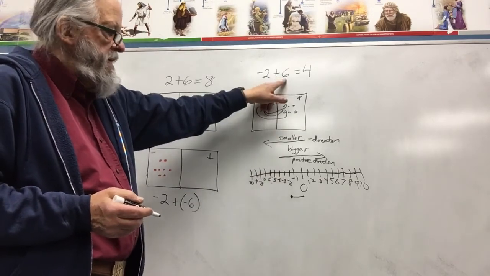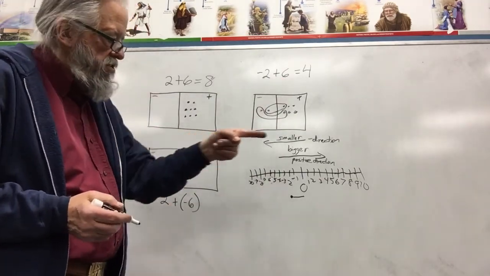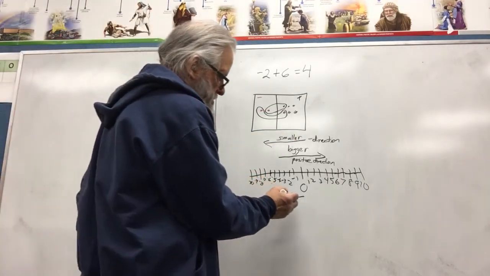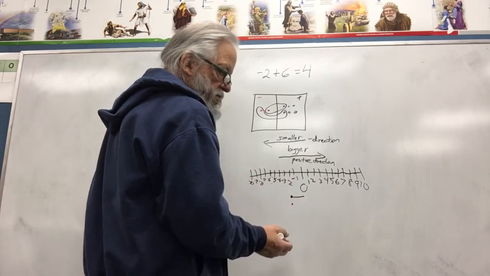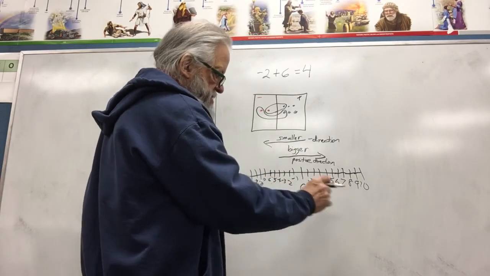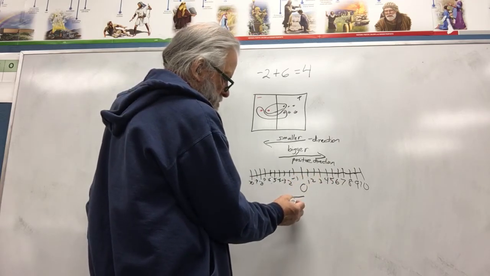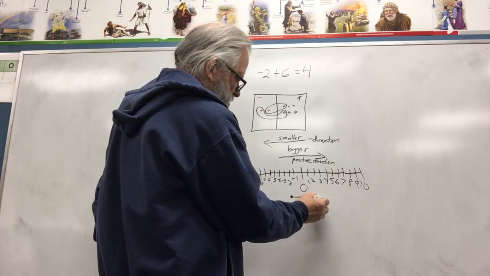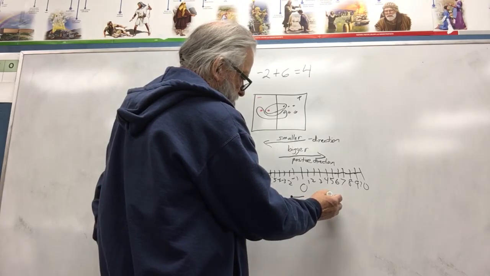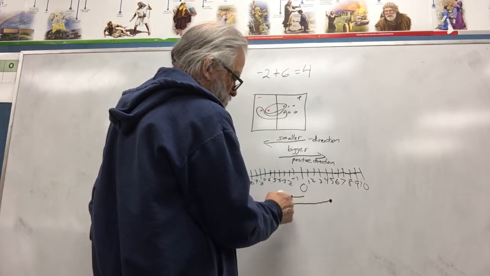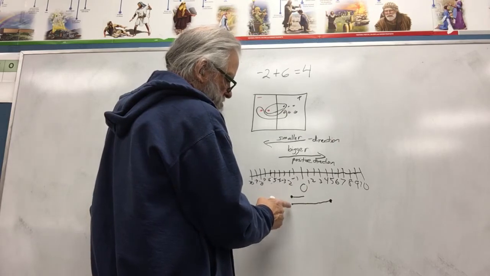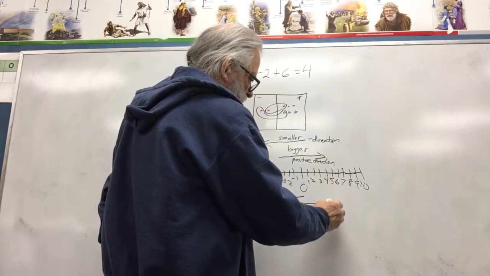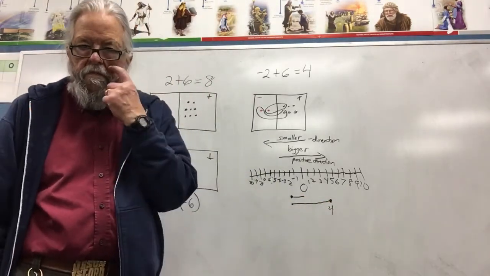So then I'm adding a +6. So in positive direction is that way. All right? So I'm starting from here. And I'm going to go 6 that direction. So I'm going 1, 2, 3, 4, 5, 6. So I went from 0 to -2, went from -2, 6 spaces, and that's a +4. Okay?